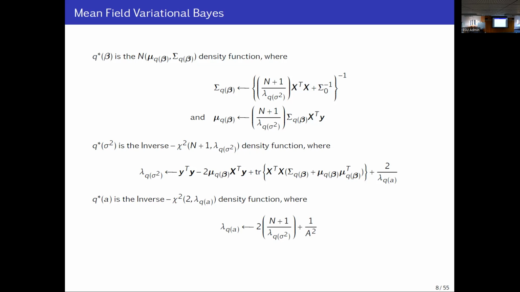First you derive Q of A, the family through the mean field approximation. And then lambda QA turns out to be the scale parameter of that. Yes. So for the bottom one there, if you go through the derivations, you'll find that Q star A is the inverse chi squared with parameters 2 into lambda QA, where lambda QA is this parameter here. So yeah, you're right. First, you go through the derivations and then you extract those parameters.